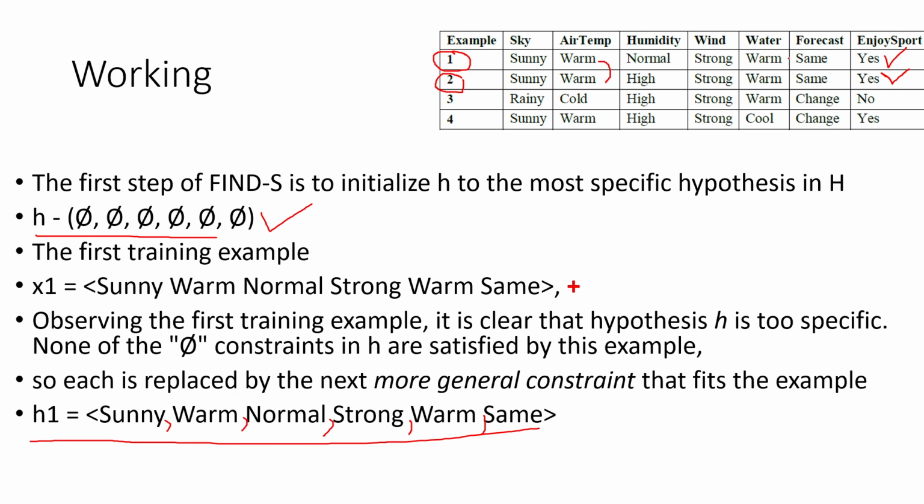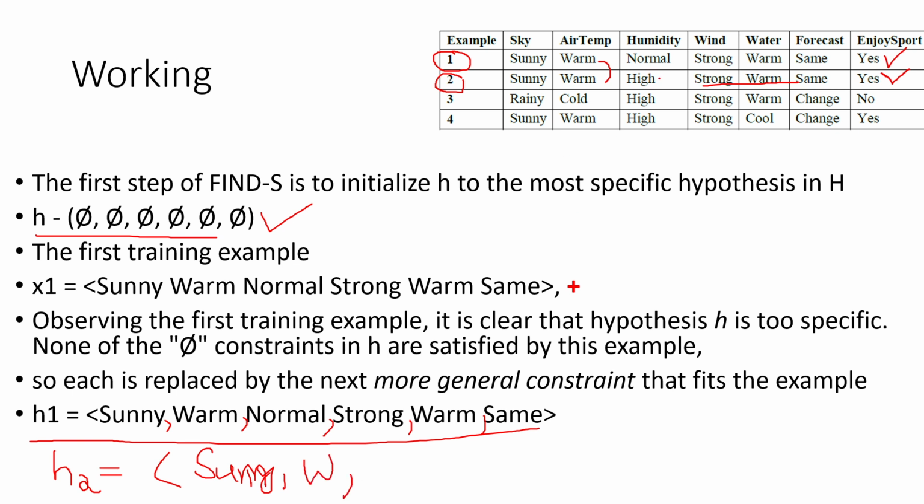Wind, water, and forecast all remain the same. So in h2, wherever there is a change in a parameter, you replace it by a question mark. Otherwise, the same attribute stays: sunny is the same because there is no change, and air temperature is also the same.